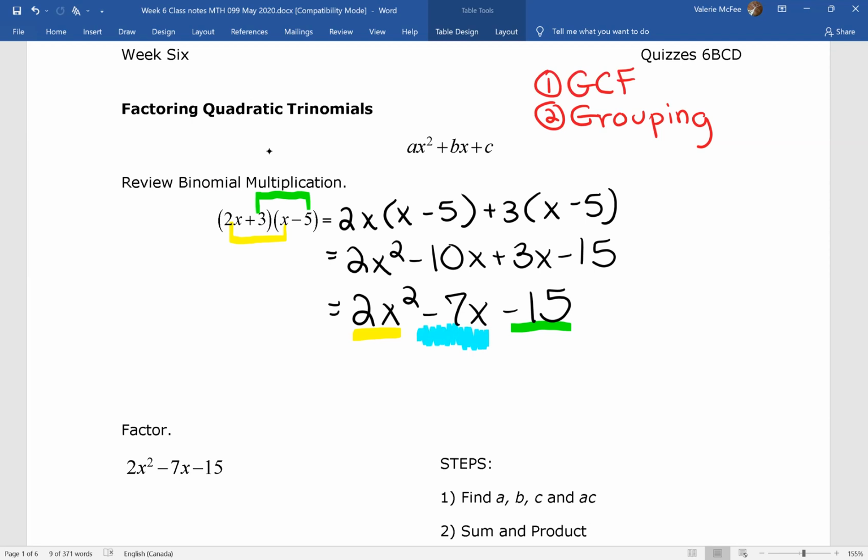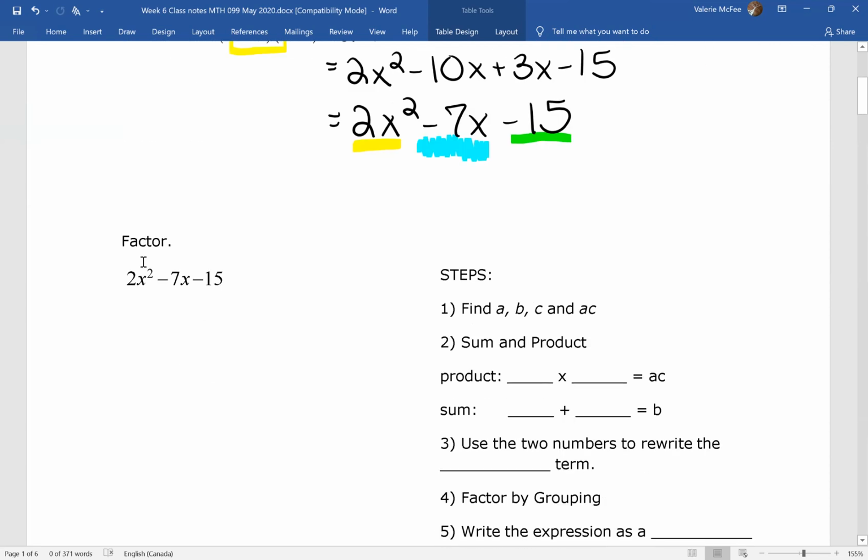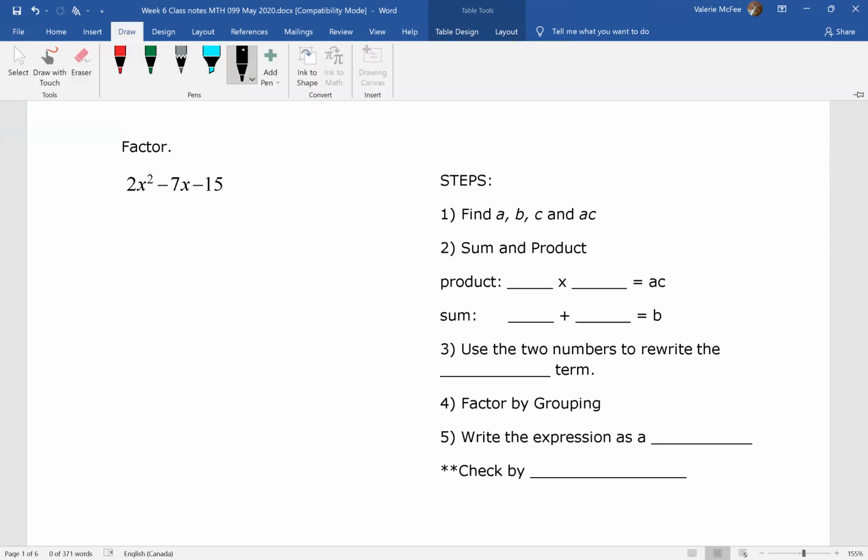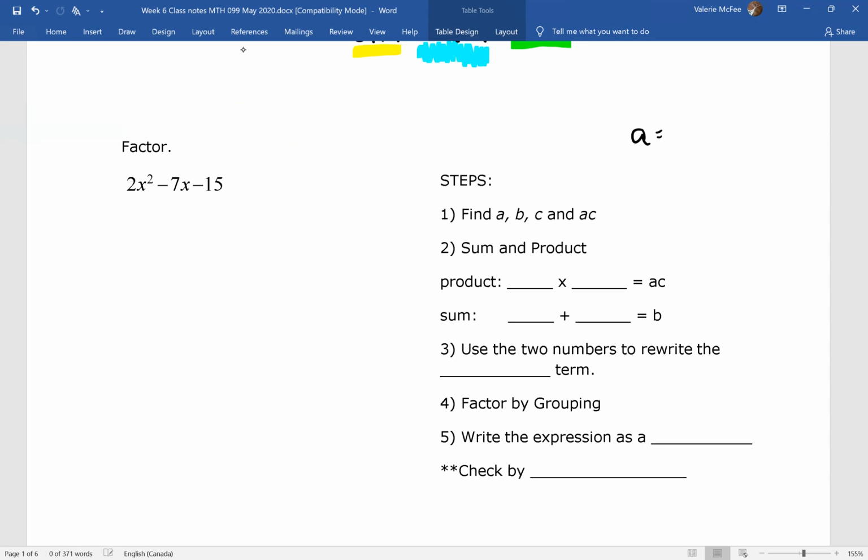So we're going to look at some steps for factoring so that we can always find which numbers we were given that gave us the final product. So notice that we're going to use this 2x squared minus 7x minus 15 to practice factoring. So we always want to start by finding A, B, and C. When people come to me because they're having difficulty with factoring, it's usually because they've decided to skip these middle steps.